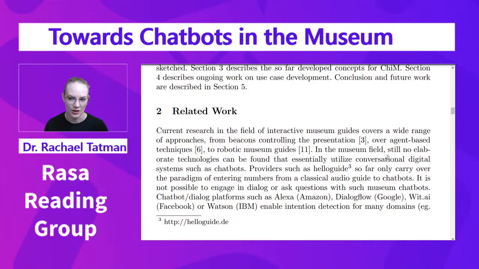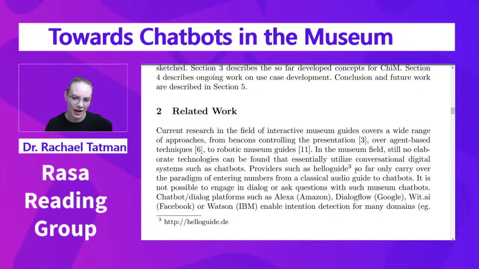In the museum field, still no elaborate technologies can be found that essentially utilize conversational digital systems such as chatbots. Okay, so I'm guessing that this is like a little robot that trundles along and you follow it. It tells you things. Agent-based techniques. No idea what that is. So that could be agent in the machine learning sense. It could be agent in the human sense, like it's an agent of the museum. Hard to say.